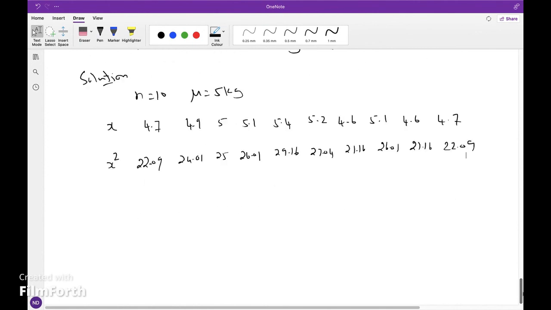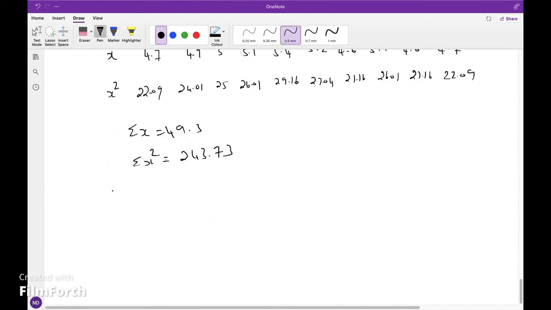So just find summation of x, that is 49.3 and summation of x squared, use calculator, 243.73. First find x bar. X bar is summation of x by n, that is 49.3 by 10, that is 4.93. Next find out s.